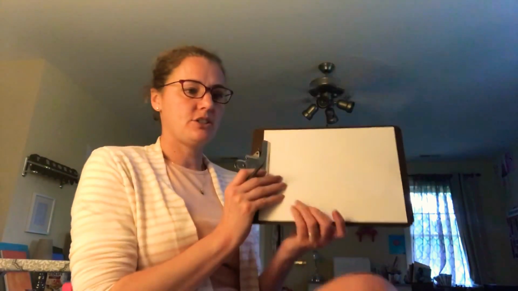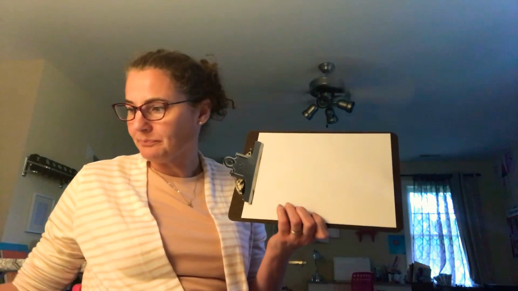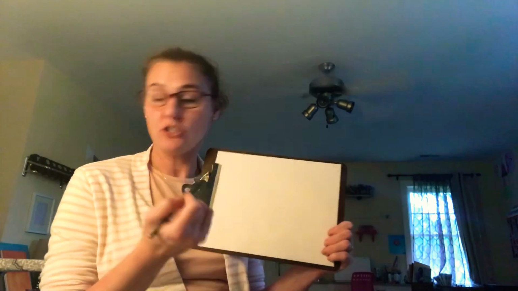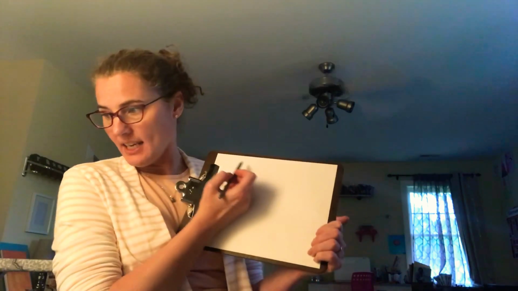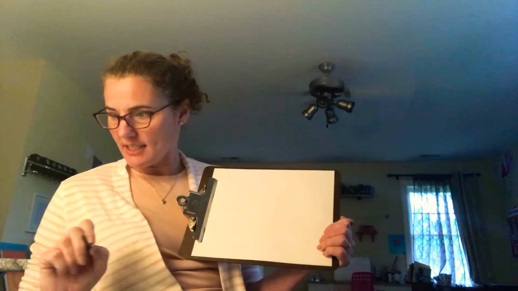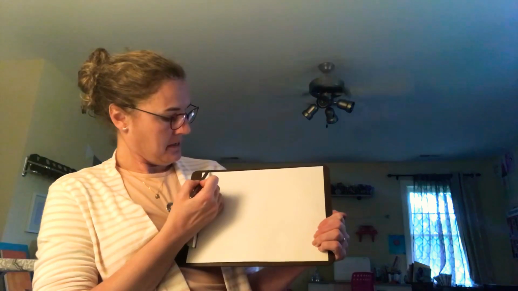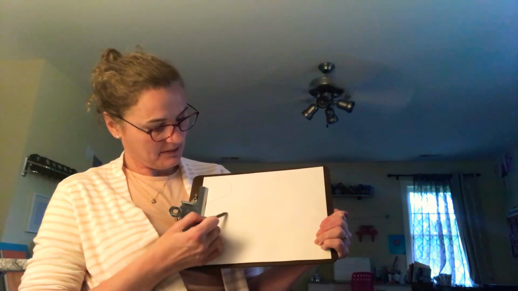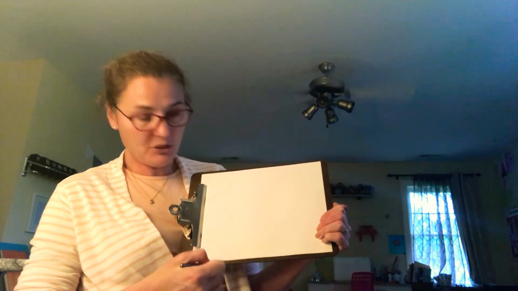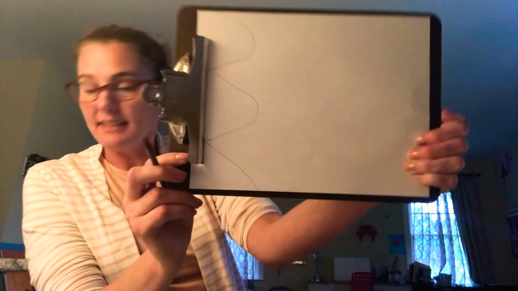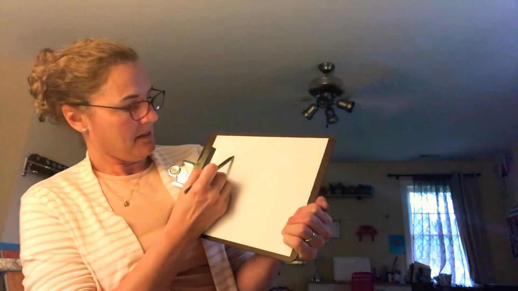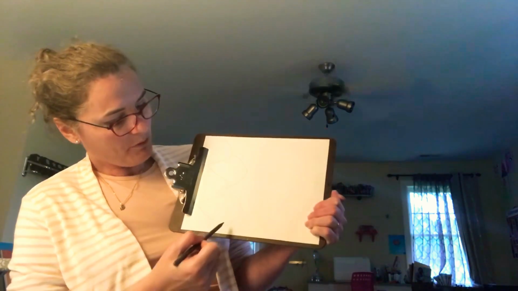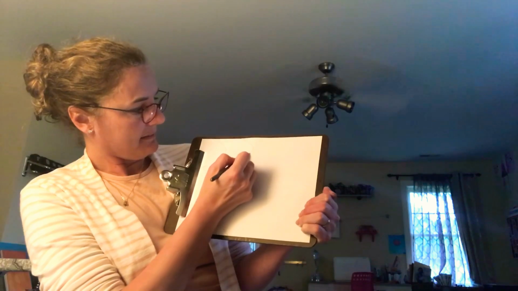So what I'm going to do is I'm going to use line and color together to create a visual texture. So this fish's skin scales actually overlap and they make this. I'm just drawing curved lines like that, and then they repeat like this.